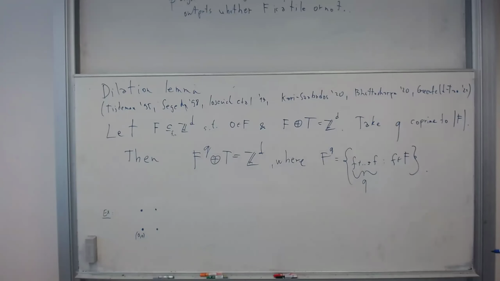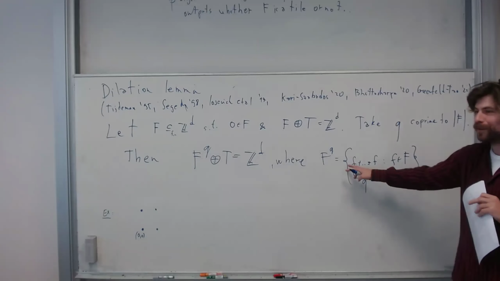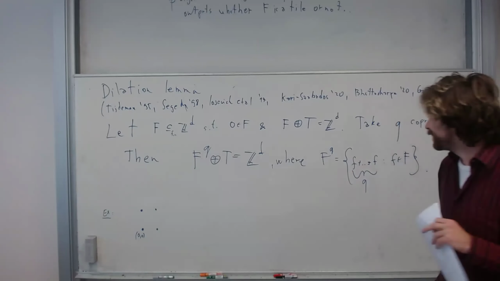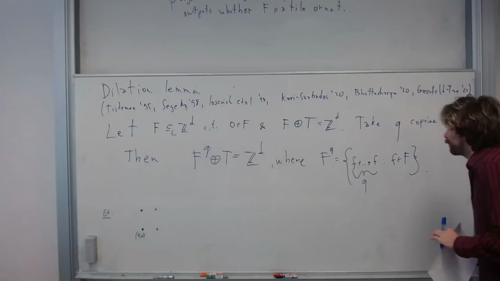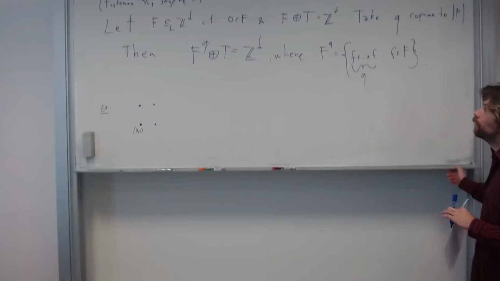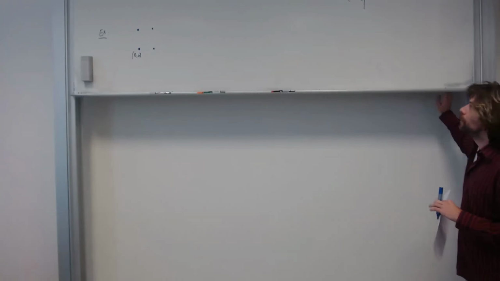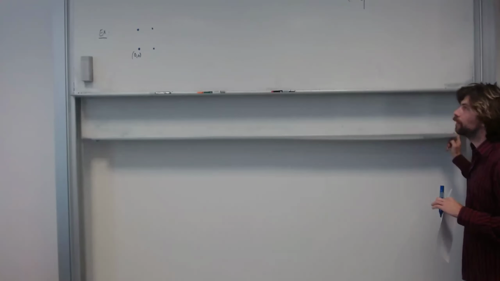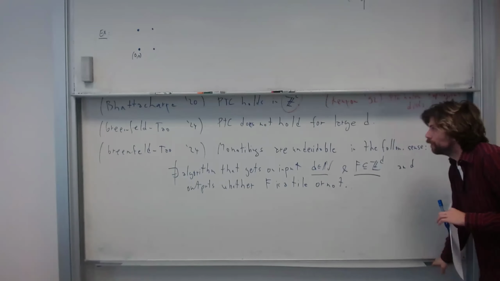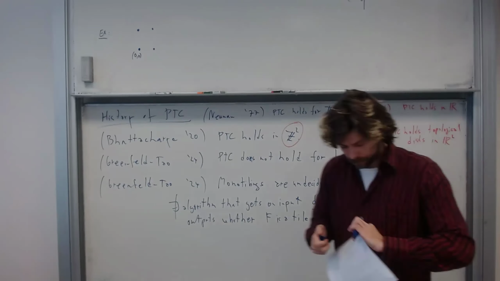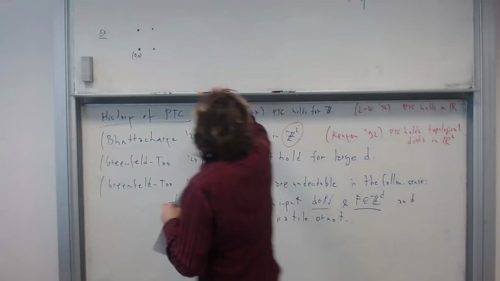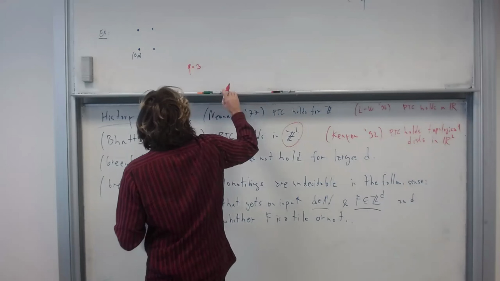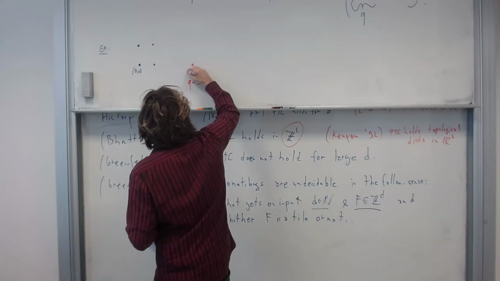Then it will be like minus q times F. So if q is 3, then this will be again (0,0).